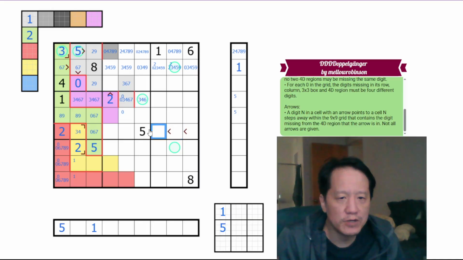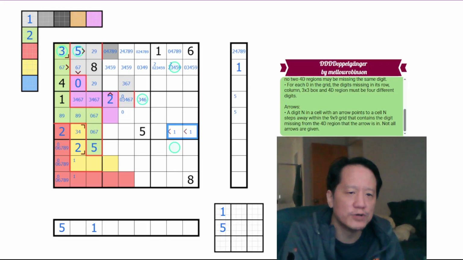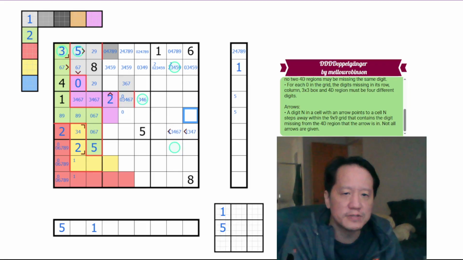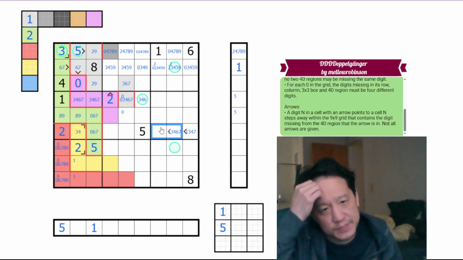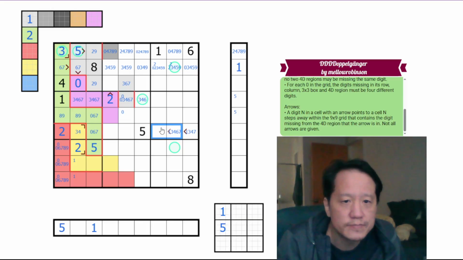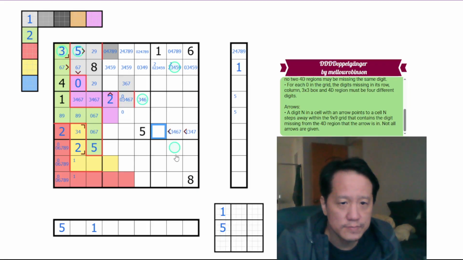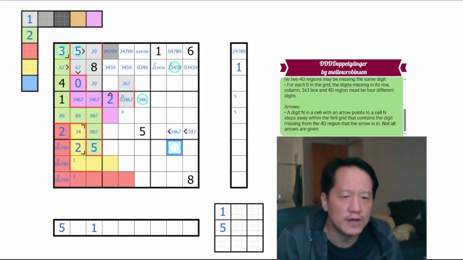This can go 1 to up to 7 away, and this cannot go 8 away, so it's up to 7 for both. So it's 1, 3, 4, 6, and 7. This can't be 6 because of 6 in the column. 1 away could work. Yeah. This cannot be 2, 5, or 8.